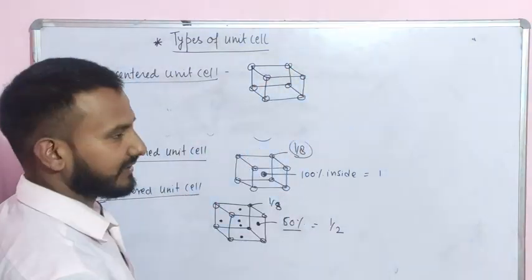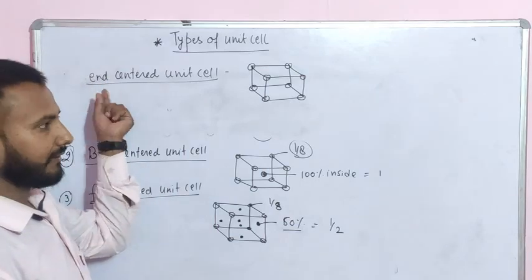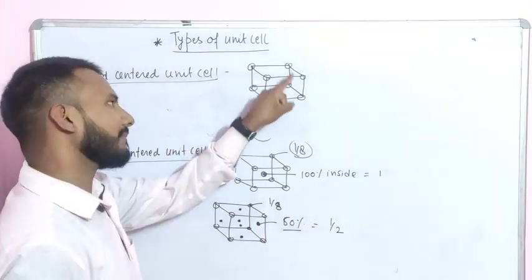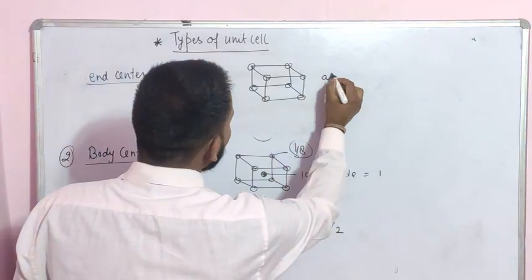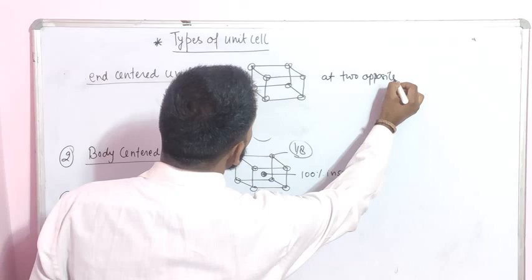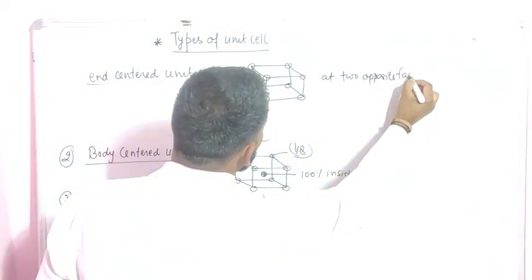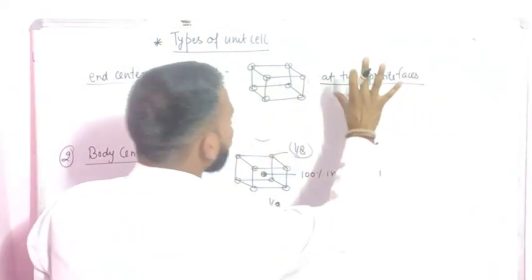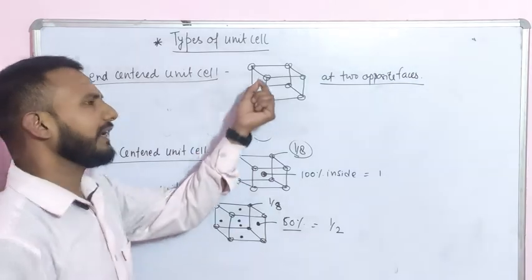It is for any cubical unit cell. So what is end centered? It means atoms are present at corners plus at two opposite faces, at the center of two opposite faces, meaning any two opposite faces.